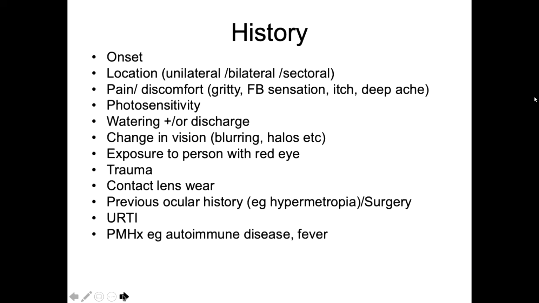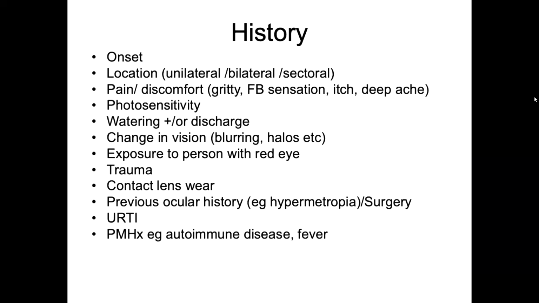Okay. Right. So any patient who has a history of red eye, not only children, adults as well, we have to get the history. The history is very important. From the history, we can get clues. So when there is a red eye, like a detective, you have to get to the diagnosis. To aid our diagnosis, we have to get all these details. Onset, did it start in one eye or in both eyes? How did it start?